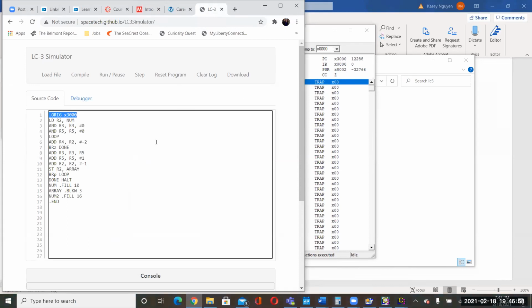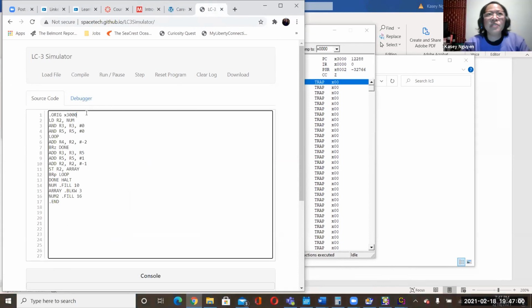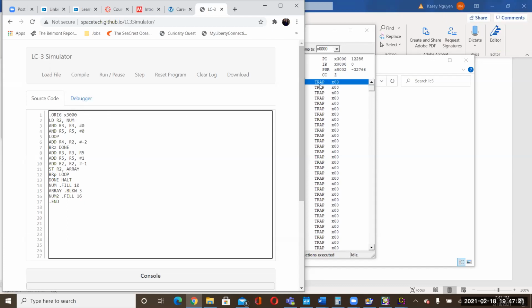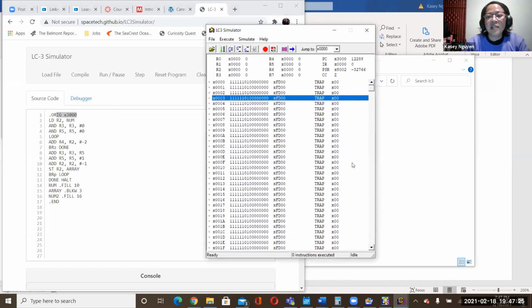In every assembly program, you have an origination address, so that it knows where it's going to begin. This is just the default, the common practice for LC3. Yes, you can start it later, but the way the simulator understands it, you start at 3000. So it's actually further down.